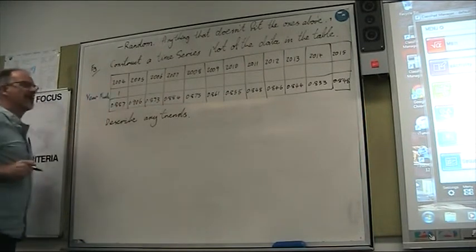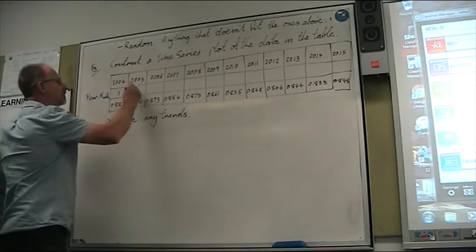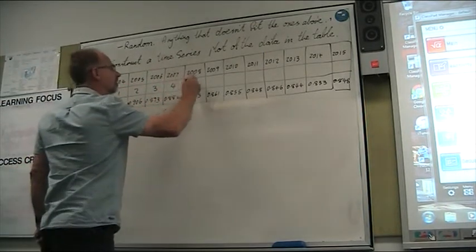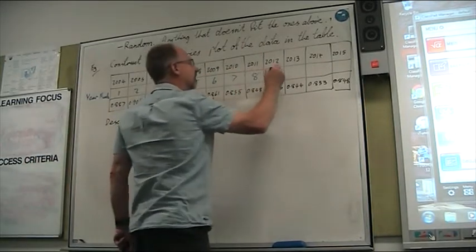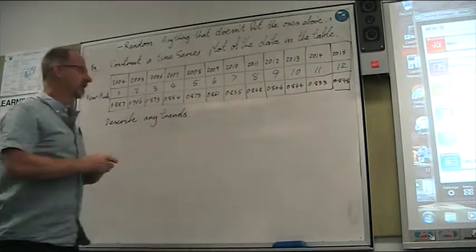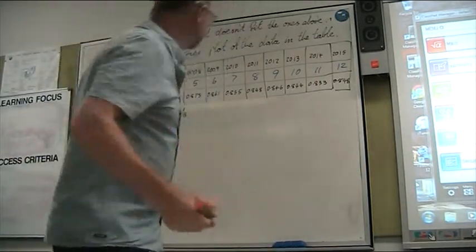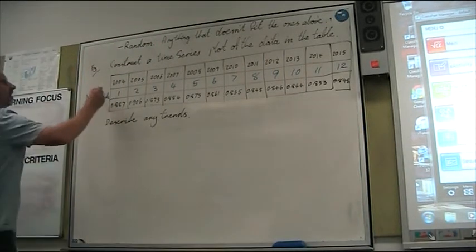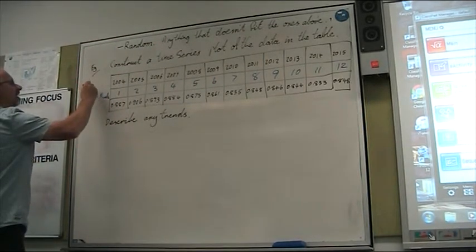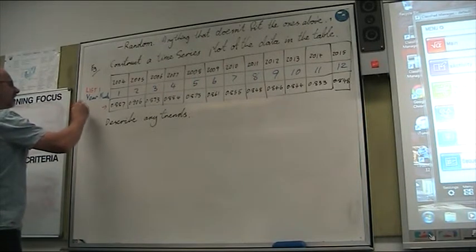So we put a 1 there, and so that's year number 1, and then year number 2, 3, 4, 5, 6, 7, 8, 9, 10, 11 and 12. So when we put this in our calculator, which we're going to do in a minute, we put this one in list 1, and then this stuff here in list 2.